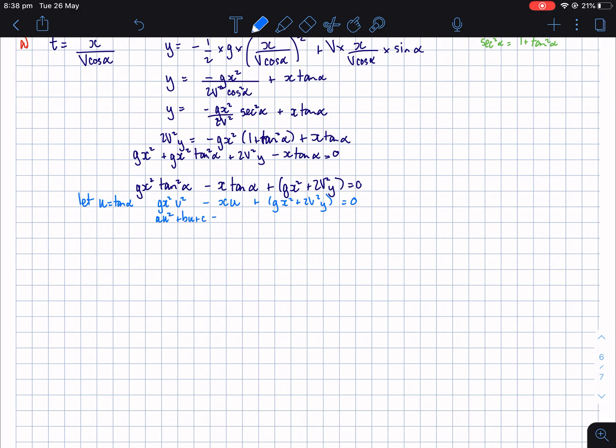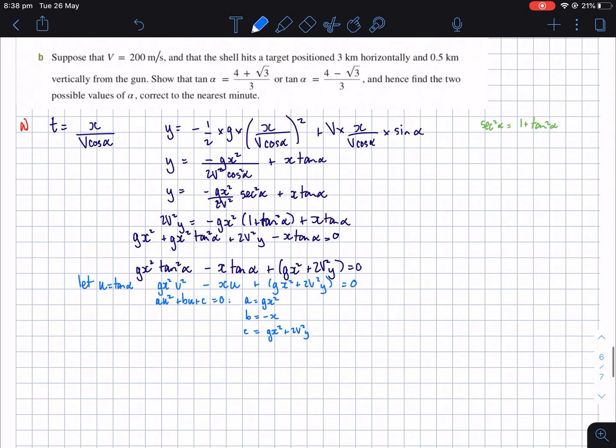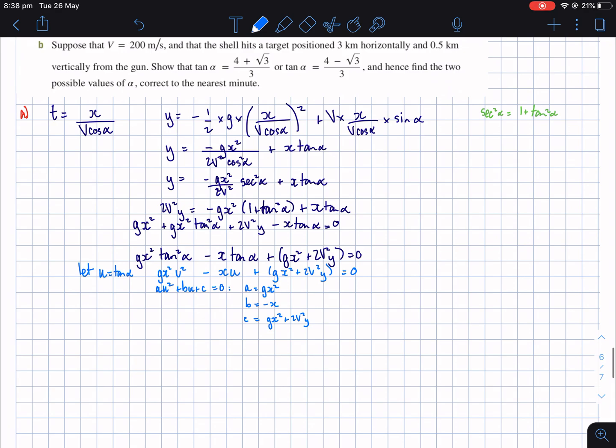So we can use our quadratic formula. A is gx squared, b is minus 2v squared x, and c is gx squared plus 2v squared y. Anyway, that was just an aside. I'm assuming we're going to need that because they've got two answers that look remarkably quadratic-y.